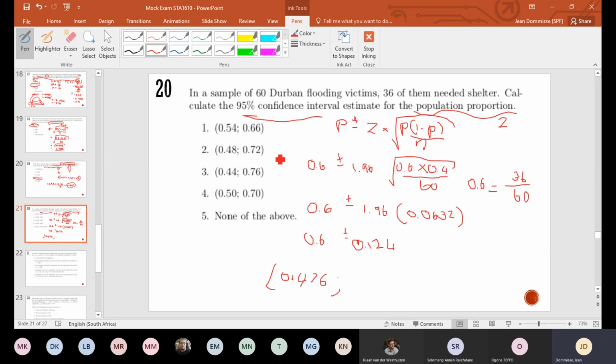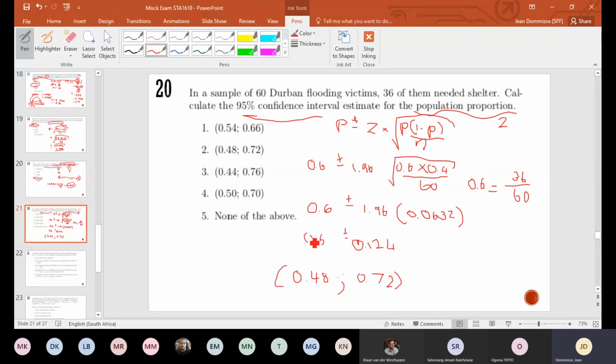Okay, so we're working with rounded off to 2, so let's round it off to 2 decimals. So we sit with 0.48 as the lowest one, and the highest one then is 0.72.